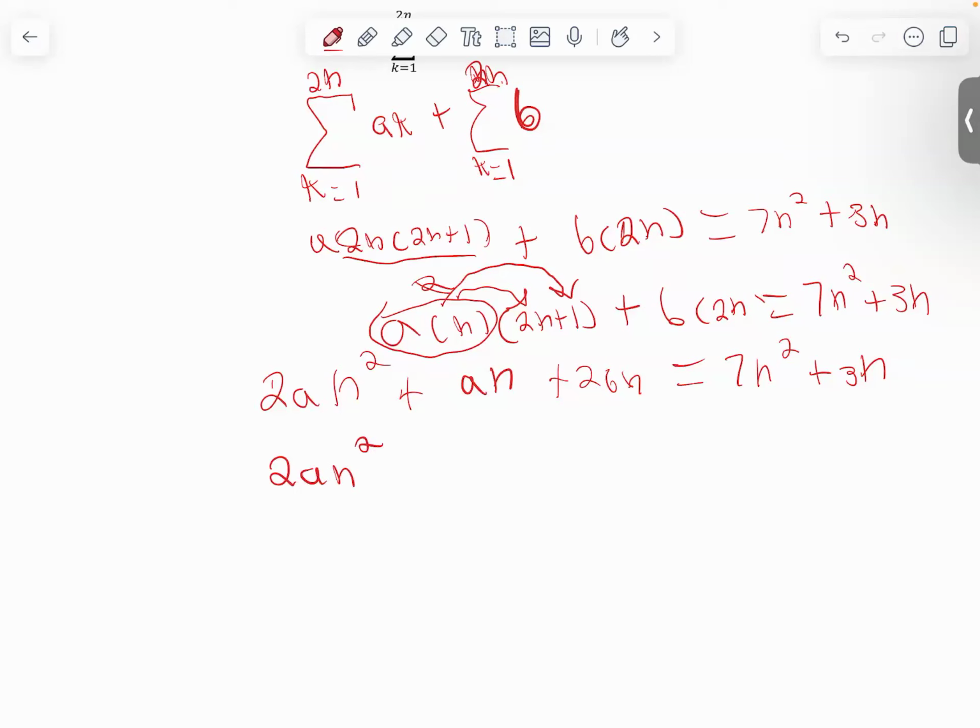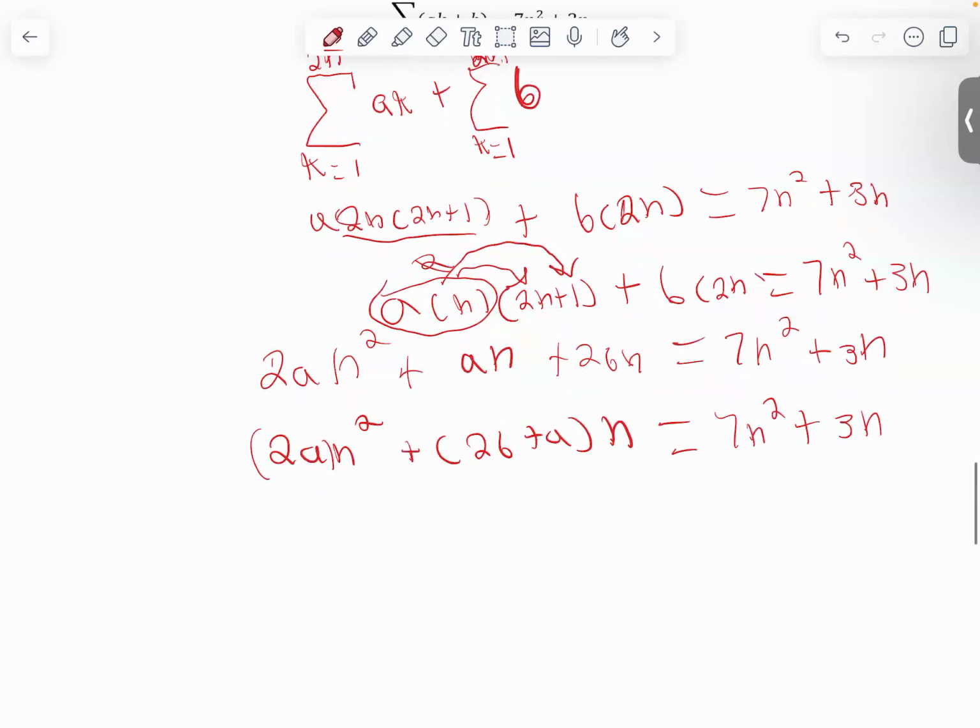And then you pull out the n of these two, and that is plus. They both are multiplied by n. So then you have 2b plus a times n. So you have this times a coefficient of n squared, and you have this times a coefficient of n, equal to 7n squared plus 3n.